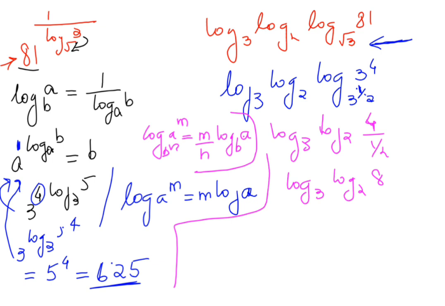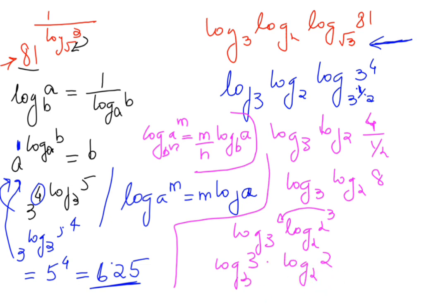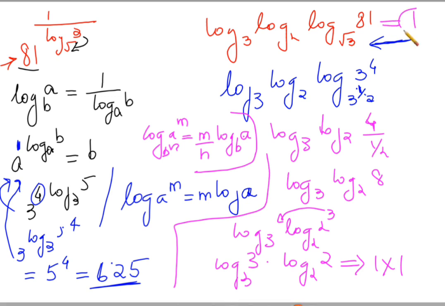And 8 we know is nothing but log of 2 raised to 3 to the base 2, which can be written, now the index can come ahead, as log 3 to the base 3 into log 2 to the base 2. And we all know log of any number to the base of the same number is 1. So 1 multiplied by 1, the answer for this question comes out to be 1.